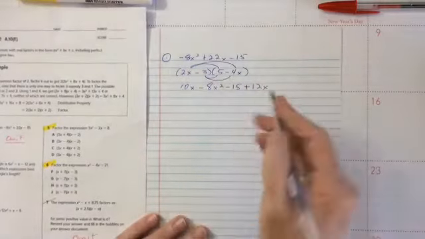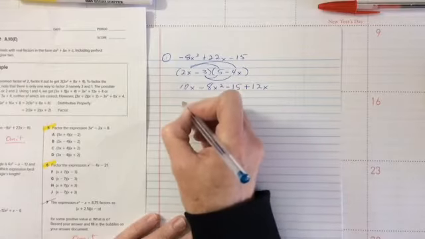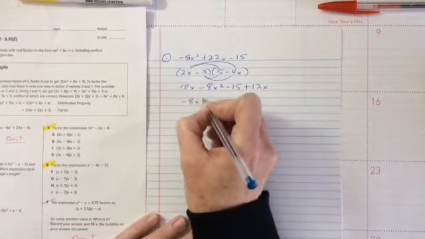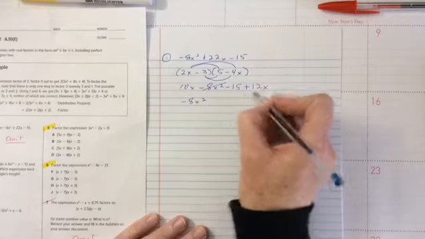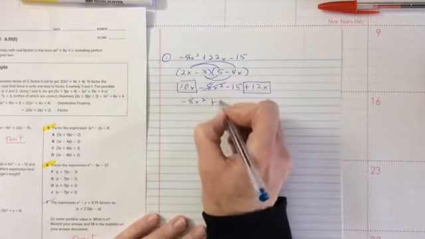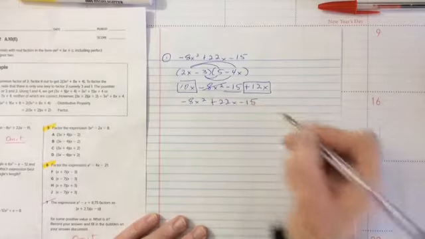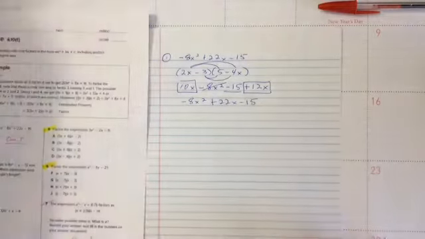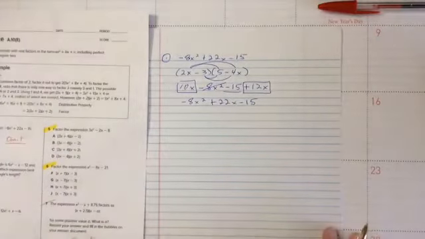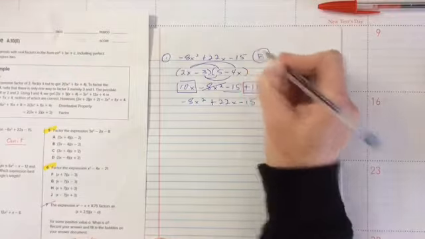We've never worked them this way, so that's why I said omit it. But now we put them in order, and we have negative 8x squared. Then we combine our x's, and we have plus 22x, and there's our negative 15. Okay, so like some said in Zoom, it is B. So number one is B.